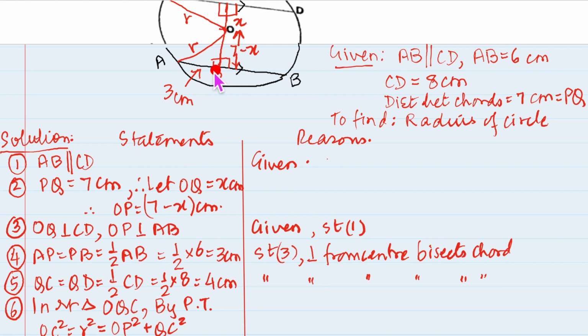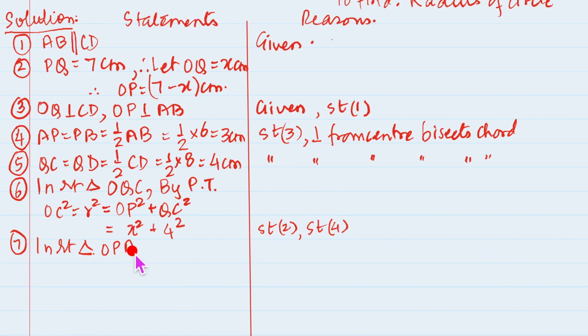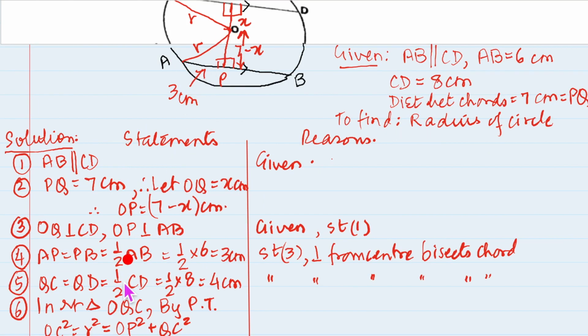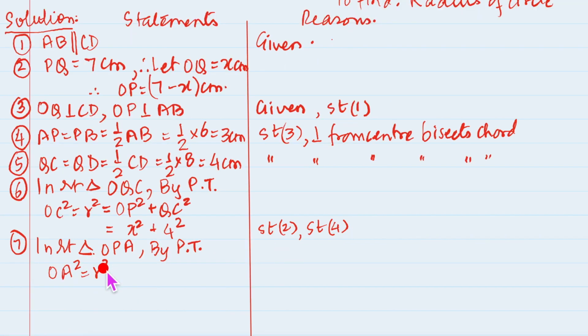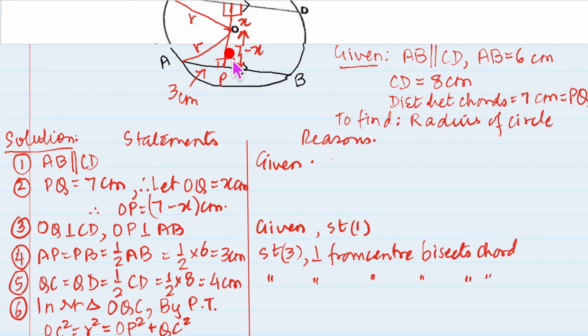Which one? OPA. By Pythagoras theorem, we will again have OA square, which means radius square, will be equal to OP square plus AP square.